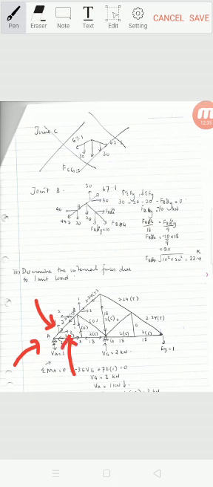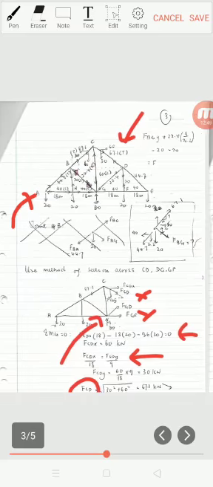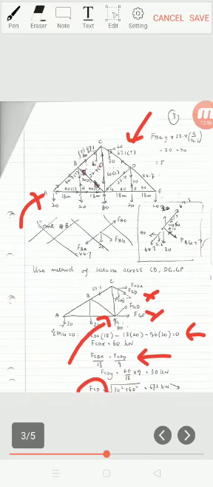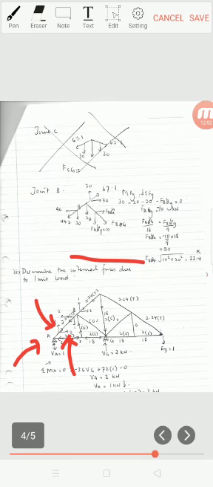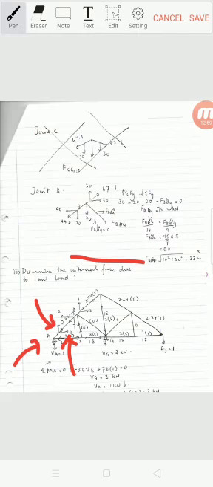Okay, and we can continue at joint H. This is joint H here.